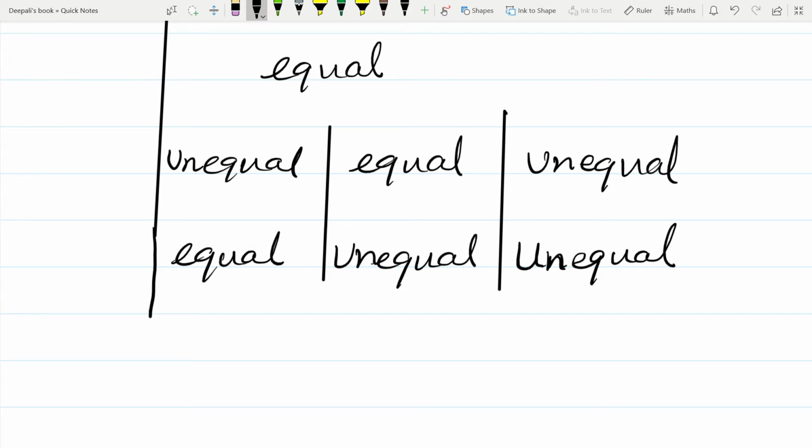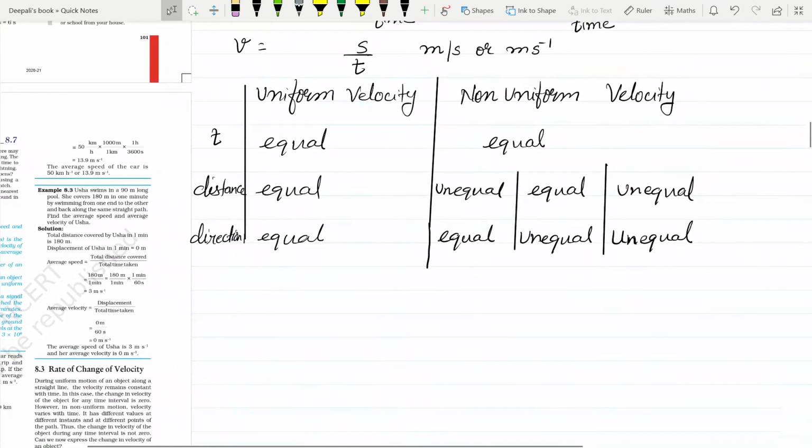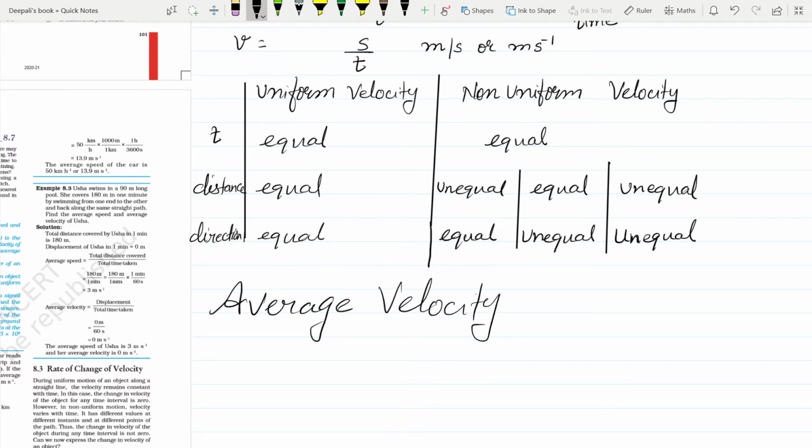This is what is non-uniform velocity. Now, whenever we have non-uniform velocity, we need to have in practical life average velocity, like average speed. What is this average velocity?